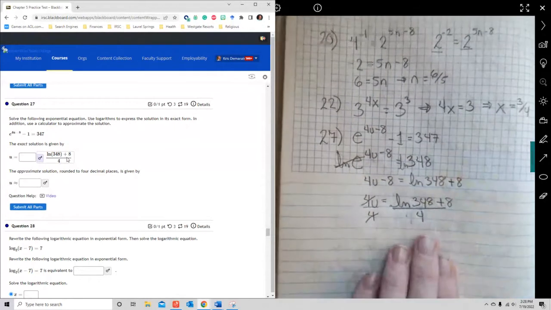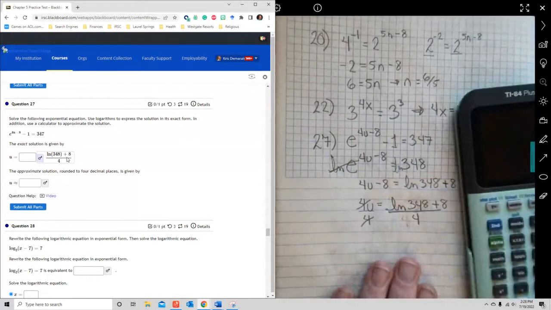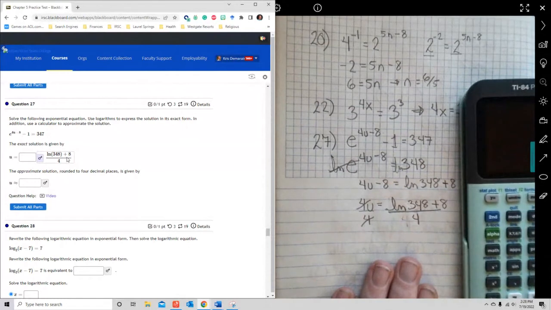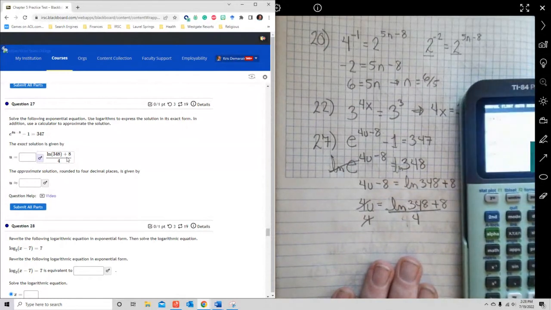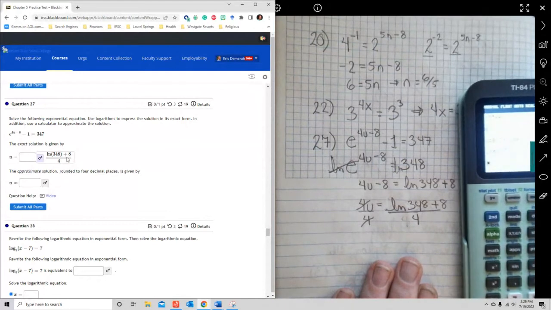I made a mistake. Okay, so now you get this. And now you can punch it in your calculator. Okay. So now we get that. We take alpha y equals fraction and do ln of 348 plus 8. And by the way, you gotta close out the parenthesis.